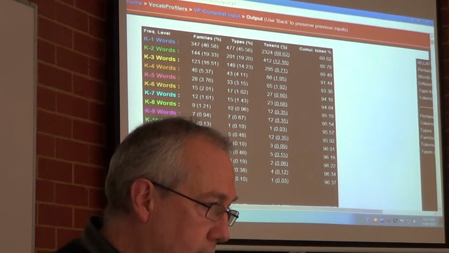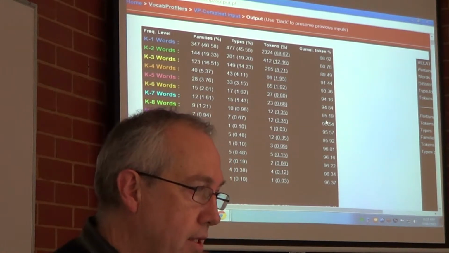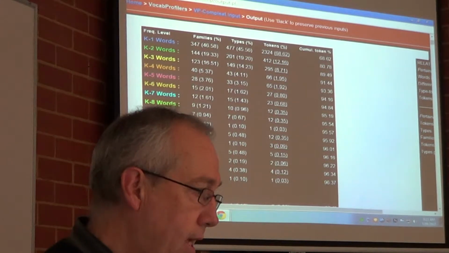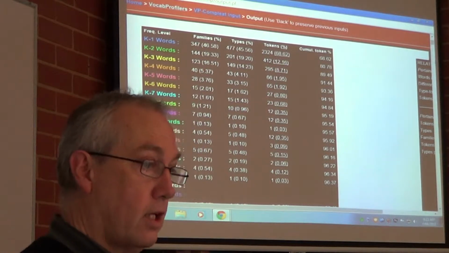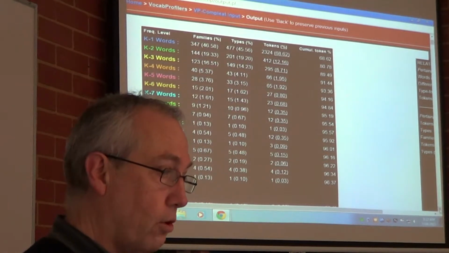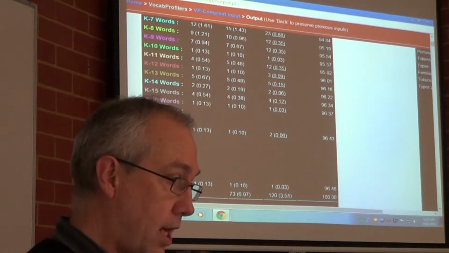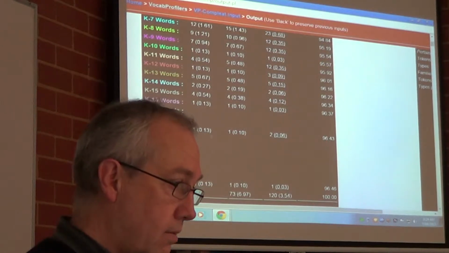Okay, now you can see it's getting a lot less, isn't it, in percentages as we go down. And that's natural for even high vocabulary users. And when we get to 16,000, which is quite advanced, there's still actually, for this article, 4% of the text that is beyond 16,000. And there's only a couple of words here at the 20,000 mark.